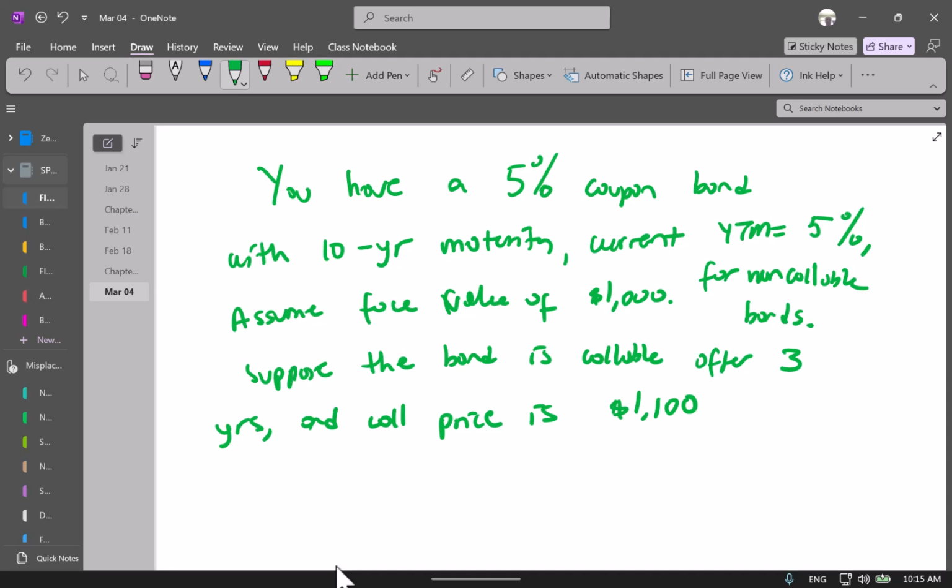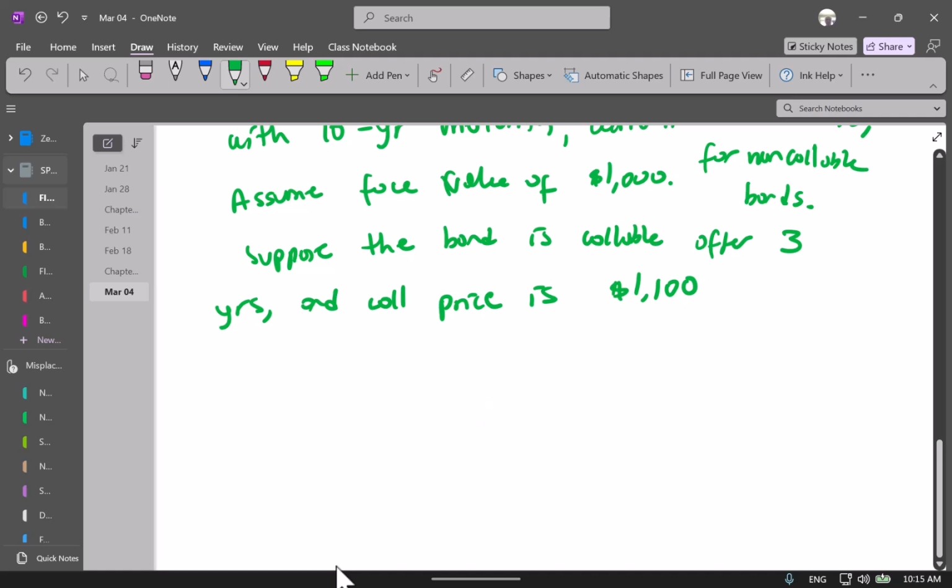So how would you calculate yield to call? First, I'm going to kind of do it by hand. Then we're going to trick our template to do the calculation for us.